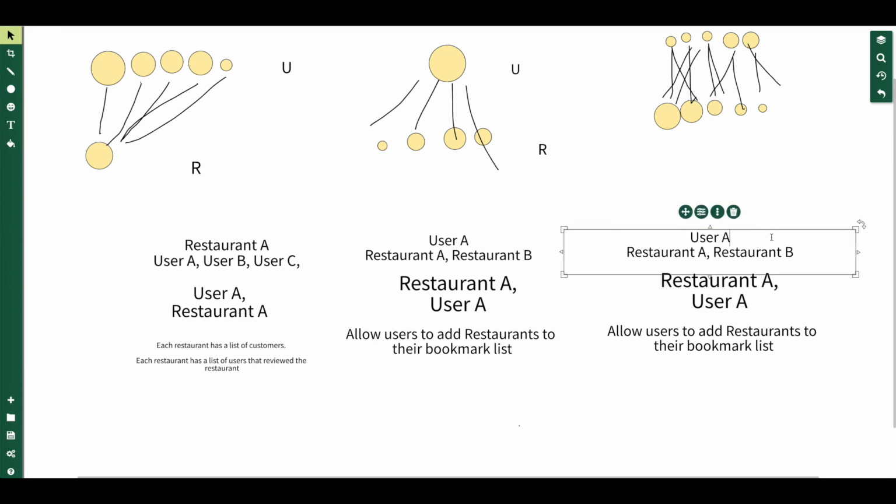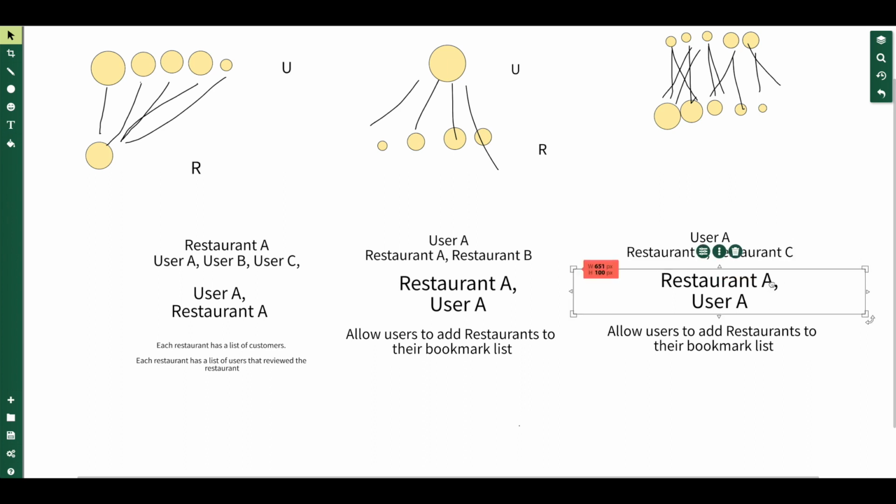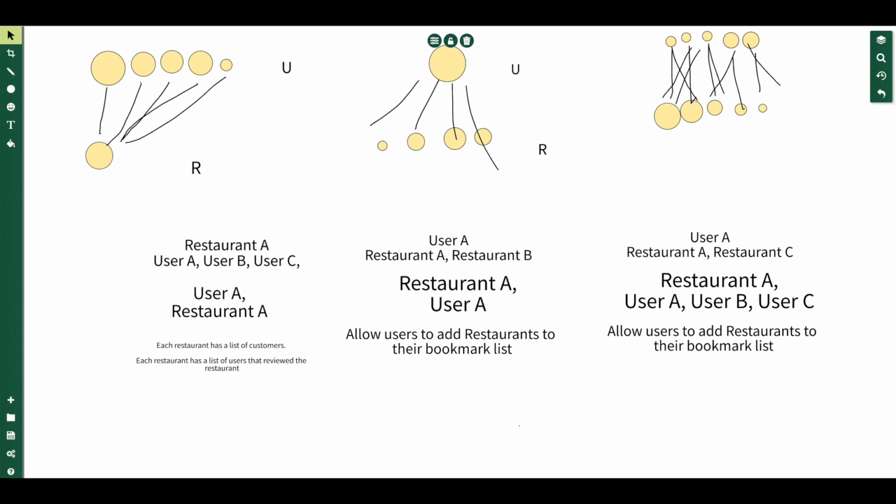User A can have restaurant A and restaurant B, or maybe not B, he wants to have C. And then restaurant A can also have user A, but they can also have user B, they can have user C, and so on and so forth. This relation basically allows you to have no limit. It allows you to connect all kinds of users to all kinds of restaurants in this case, and doesn't give you a limitation like these use cases here do.